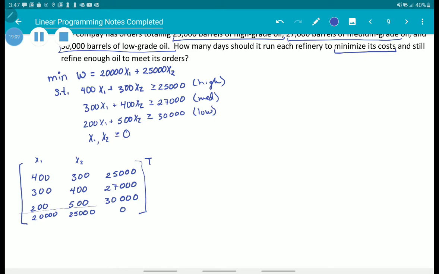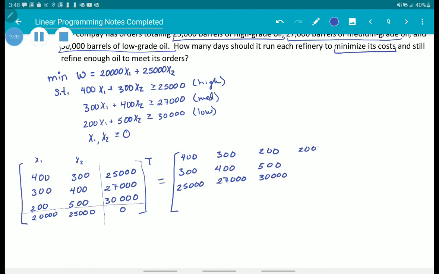So we're kind of viewing this guy this way, and if we transpose that, we're now viewing that this way.